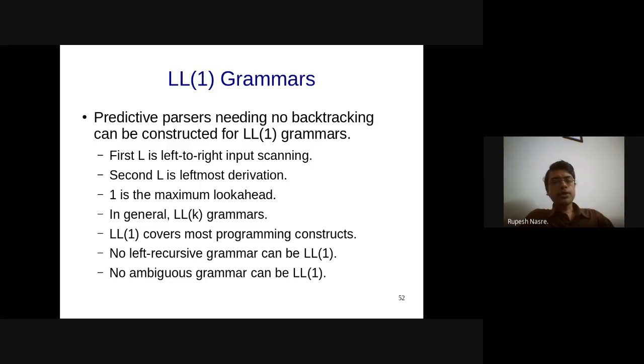Some important points: no left recursive grammar can be LL1, as we saw that you will have to go into the same non-terminal again and again on the same input token. And no ambiguous grammar can be LL1. Ambiguity occurs quite frequently, in English more so, but also in programming languages. For example, somebody in Accenture told me one sentence: my Jaguar has a lot of gas.